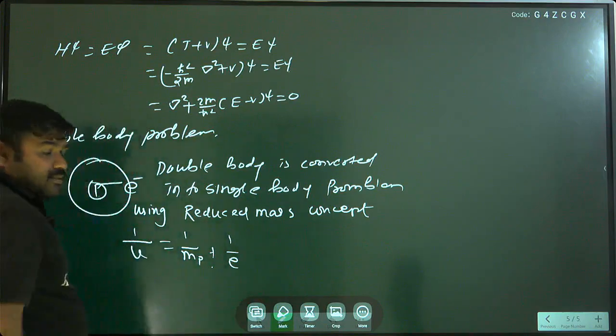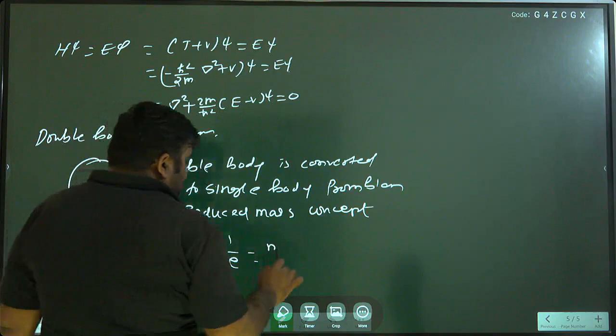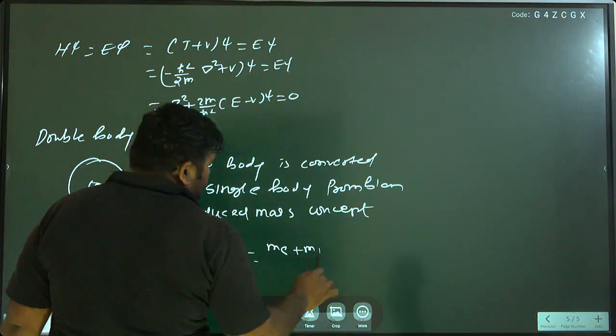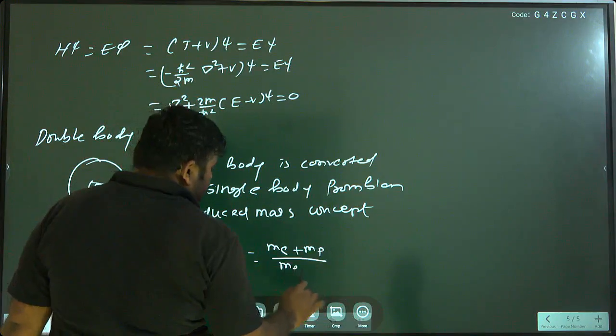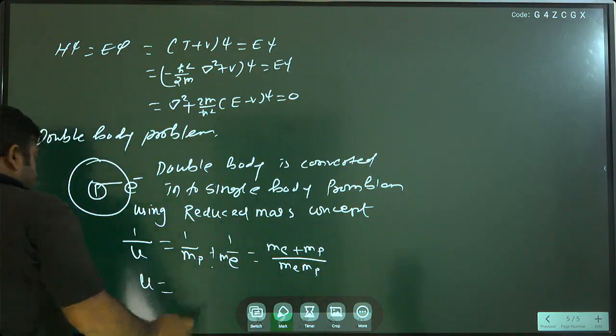समझ में आ रहा है? So this is equal to how much? Mass of electron plus mass of proton divided by mass of electron into mass of proton. Now mu is equal to how much?